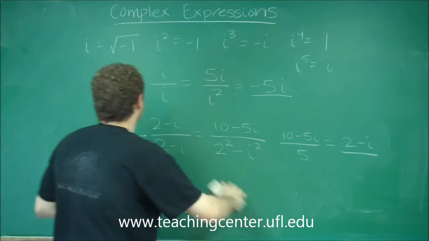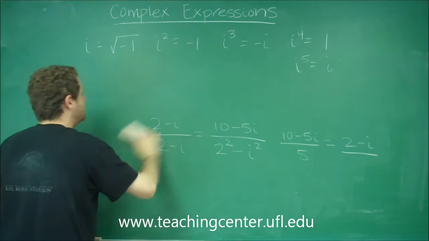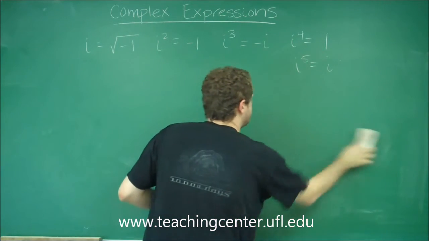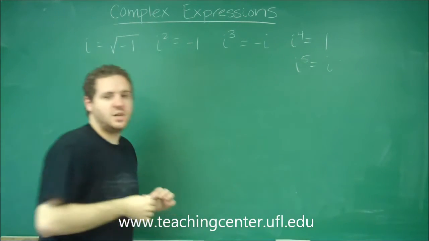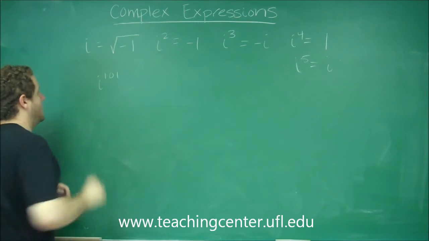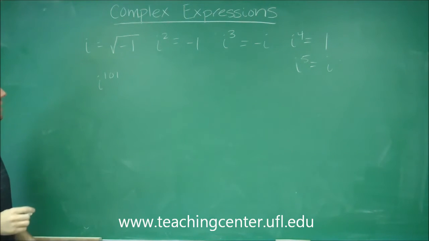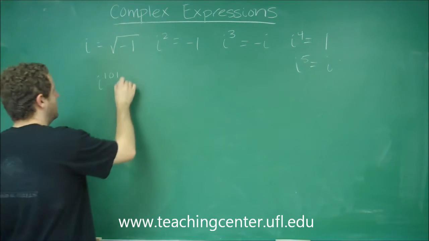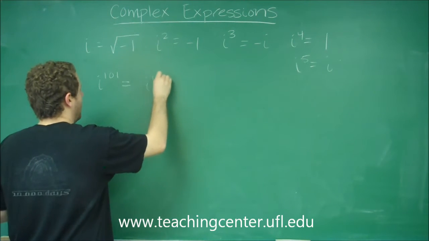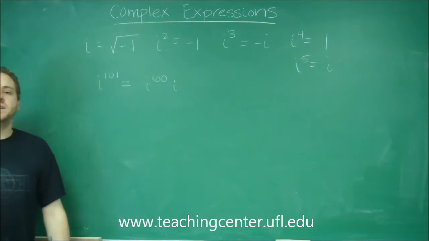So what that means is if you have a very large power of i, you can always reduce it by factors of 4. So let's say we had i to the 101st power, and you wanted to simplify that. Well, i to the 100 times i is the same thing as i to the 101.